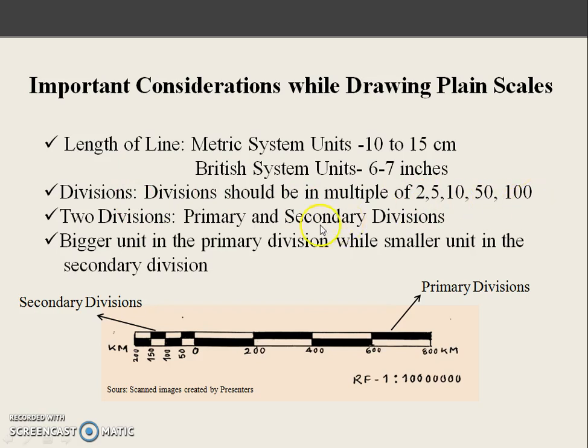Any type of scale should be initially divided into primary divisions as shown in the given diagram. If there are two units to show, for example, kilometer and meter or miles and furlong, then the bigger unit, kilometer or miles, is shown at the primary level and the smaller unit of the same system is shown at the level of secondary divisions.